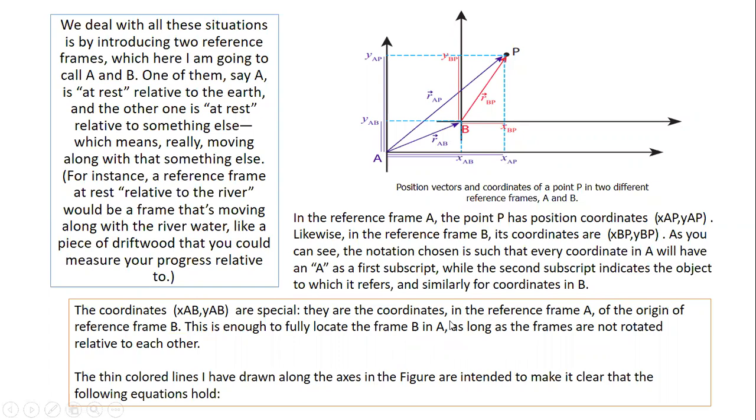So frame B is in A, because A is the object that is on the earth, as long as the frames are not rotated relative to each other. The thin blue lines I have drawn along the axes in the figure are intended to make it clear that the following equation holds.